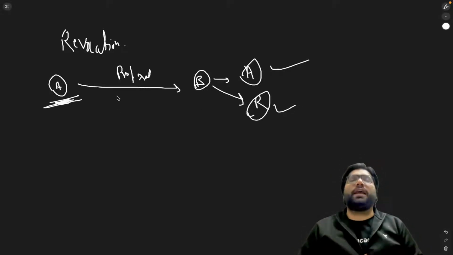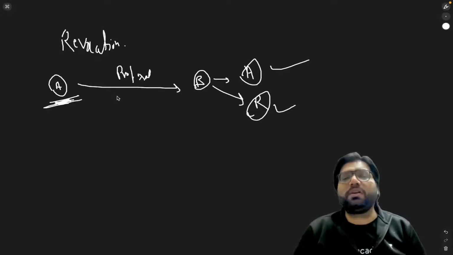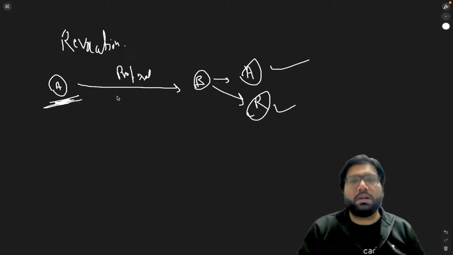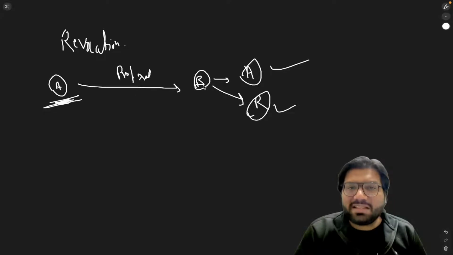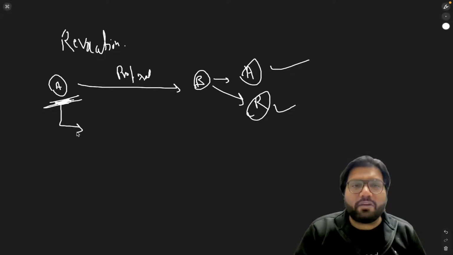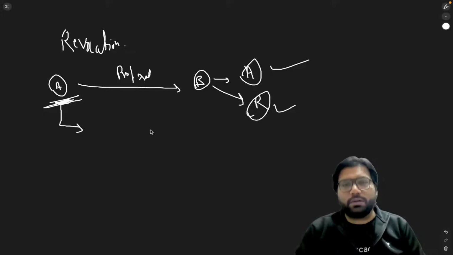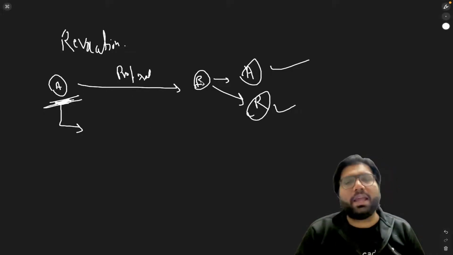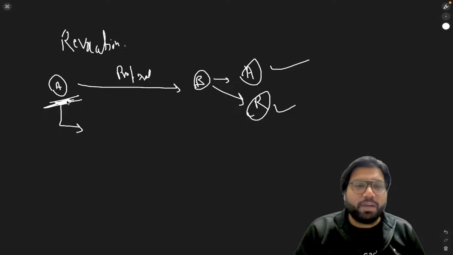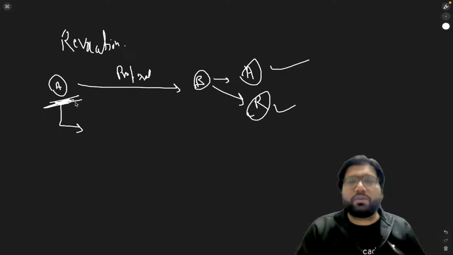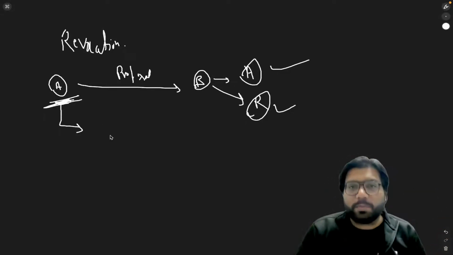Now Mr. A is like, okay, I'm no more interested in giving this proposal. Can Mr. A revoke the proposal or not? So revoking is ending the proposal. Whatever proposal Mr. A has given to B, if Mr. A is no more interested, then he can revoke the proposal.